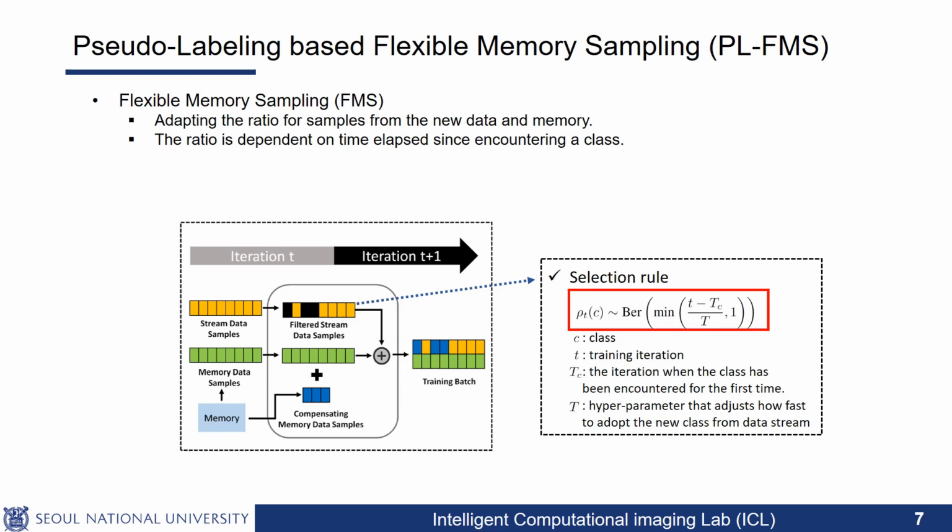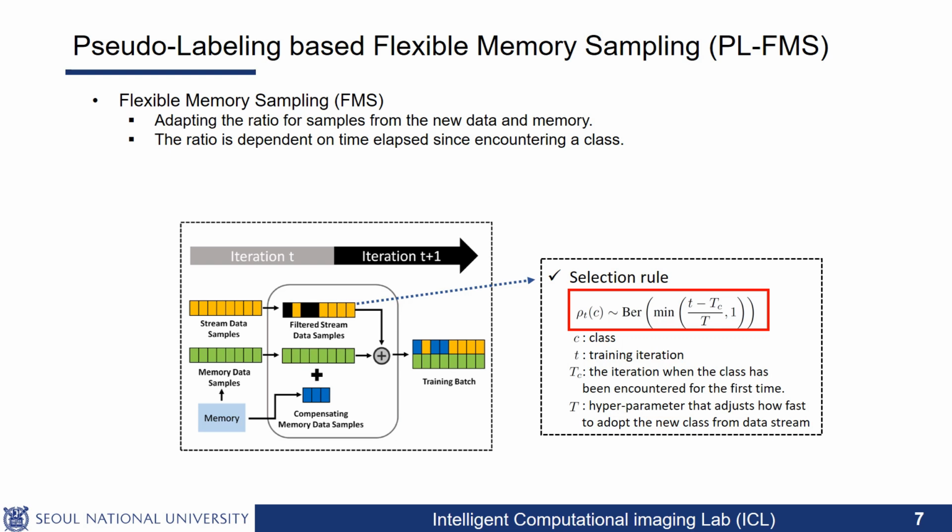The second component of the proposed method is flexible memory sampling. It flexibly adapts the ratio of samples from the current data and memory. To realize this, we utilize class-wise time-dependent Bernoulli distribution. If the random variable has the value of 1, then the corresponding sample is included in the training batch. Otherwise, it is rejected from the training batch.